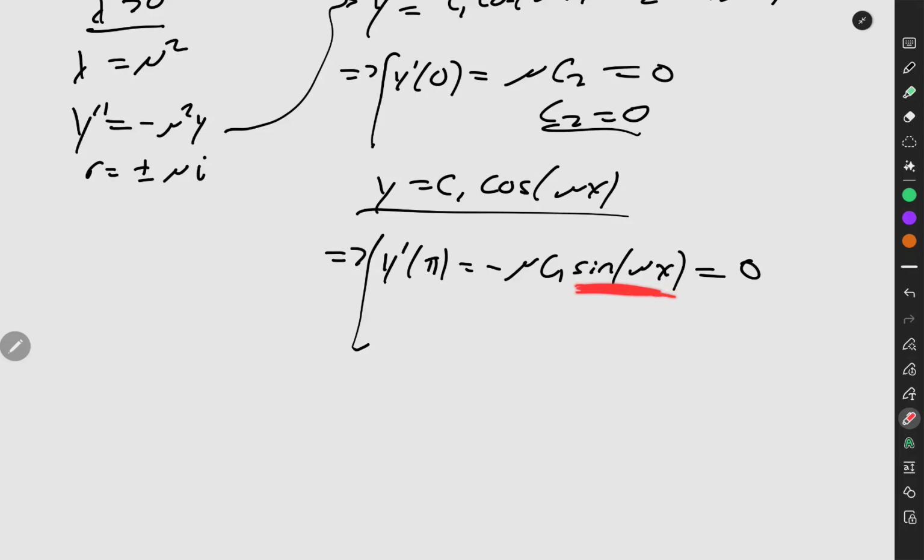We want to figure out what value of that would make it 0. So we're going to look at sine. We want this to be 0.